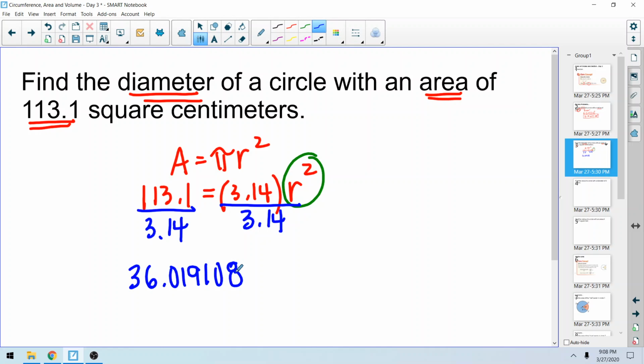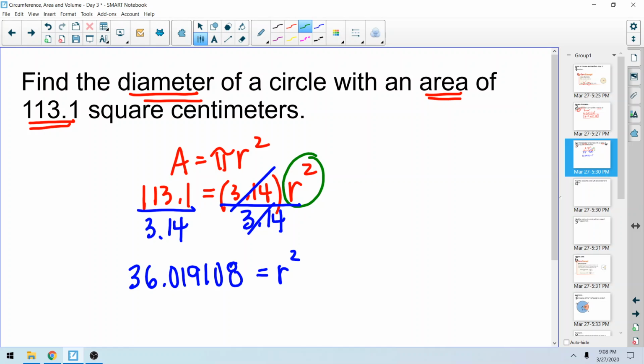I'm going to keep as many decimals on there as I can until I arrive at my final answer. You don't want to be chopping those decimals off, otherwise your final answer is going to be off by just a little bit. That's going to cancel, equals r squared.